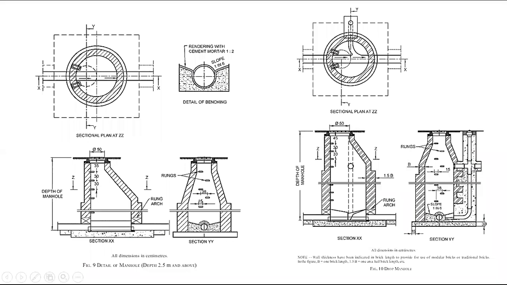If you put a drop manhole, the pipe will connect here, the water will go down like this and be thrown into the bottom of the manhole. You will not get falling noise. That's why NBC also recommends it, for preventing noise pollution.